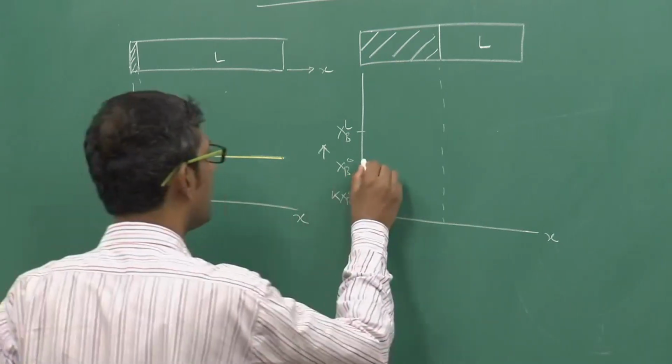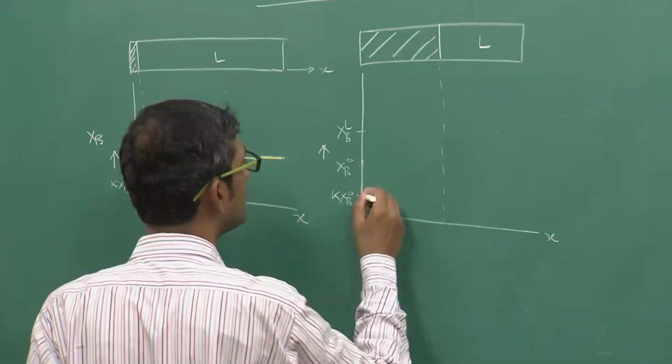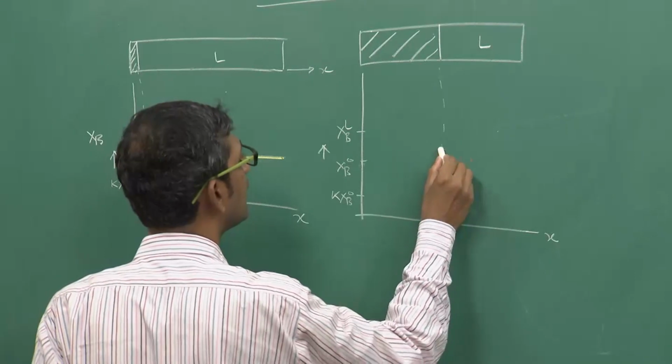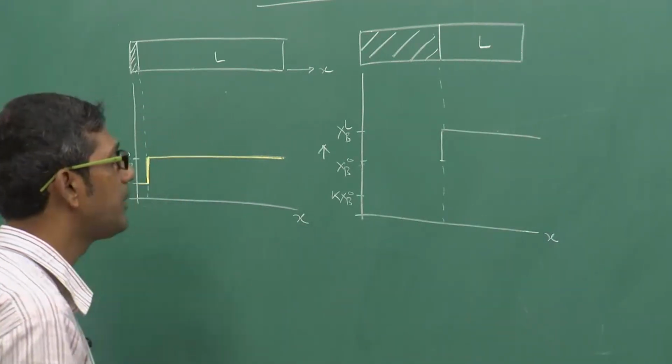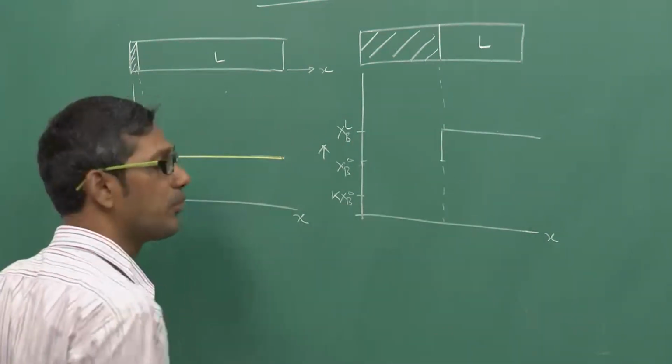So, obviously this will go and increase to Xb0 here, and then it will remain Xbl, because the liquid will have more solute as far as solute partitioning is concerned.